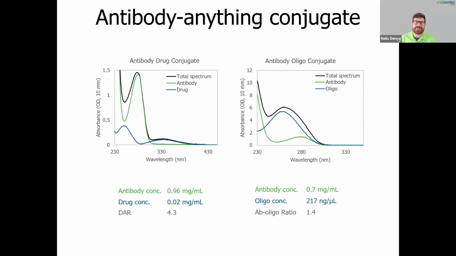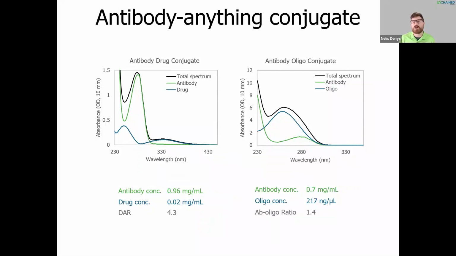And that is not all. Anyone working with antibody drug conjugates or antibody oligo conjugates, or basically antibody anything that absorbs, you will know that characterizing your antibody conjugate is overall difficult. Well, those years are over. Stunner allows you to specify 2 spectra, and so that would be your antibody and whatever else is conjugated.